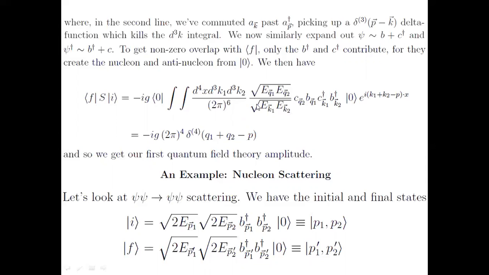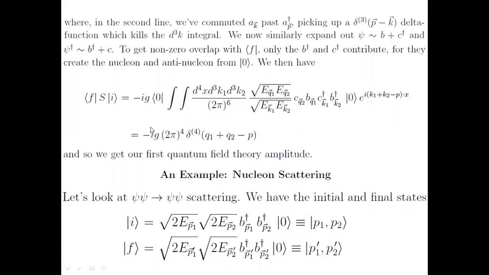So we do the k1 integral, the k2 integral, and also the x integral, using all the delta functions and the commutation relations. All the factors cancel out, and only one delta function remains. We are left with a minus i g coupling term.